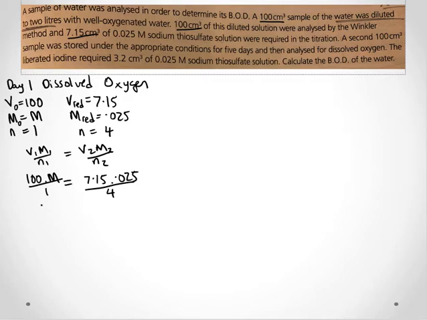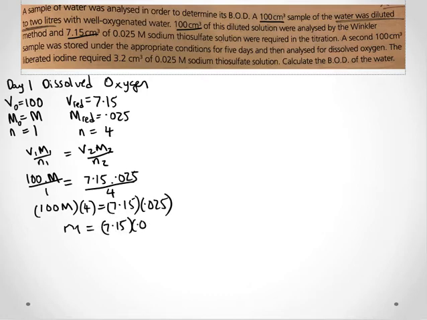So that means that 100M is multiplied by 4 is equal to 7.15 multiplied by 0.025, or if you want to get M on its own, M on its own is equal to 7.15 multiplied by the 0.025 over the 100 multiplied by the 4.